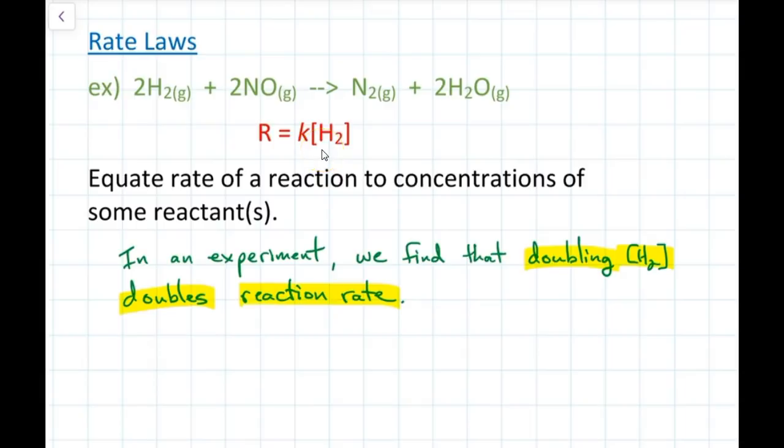And so if we multiply the concentration of hydrogen by some constant number, we get the rate. So this statement reads essentially rate is proportional to concentration of hydrogen, not equal to concentration of hydrogen because we have that K in there. Okay. So I'm going to go ahead and write that here.